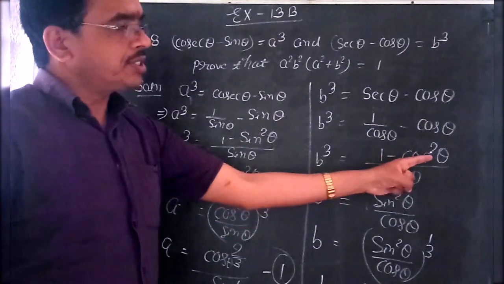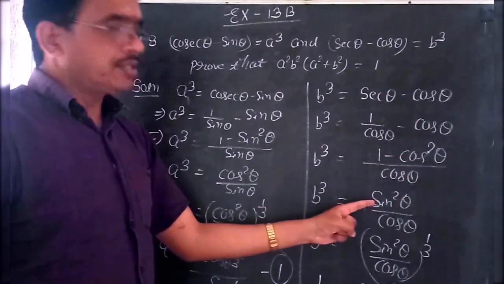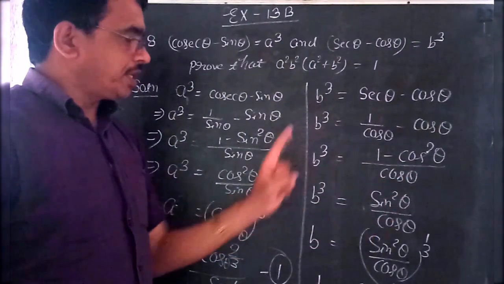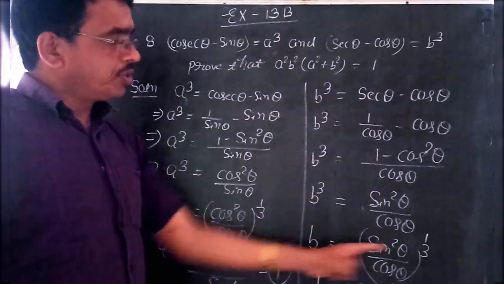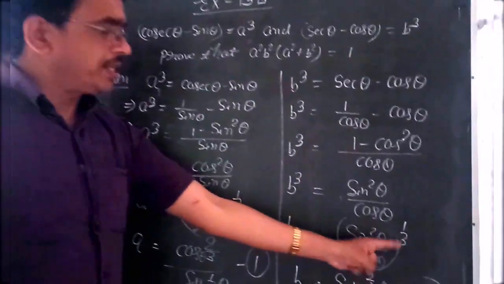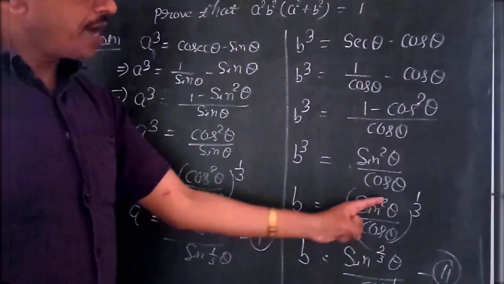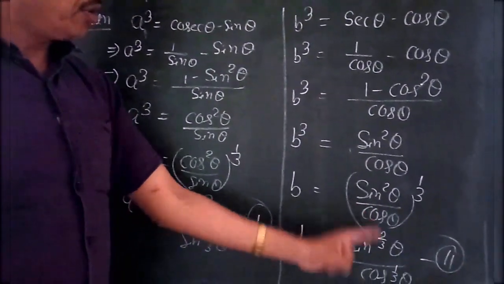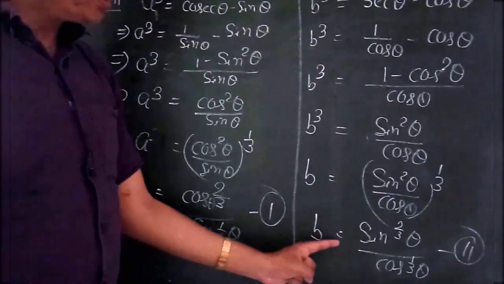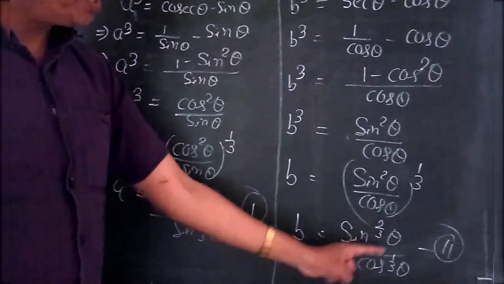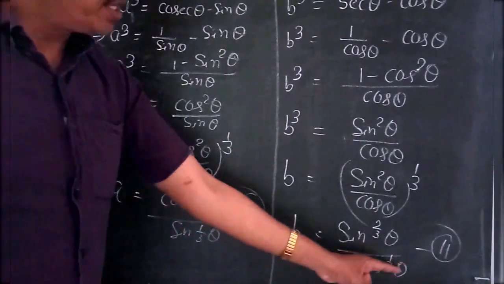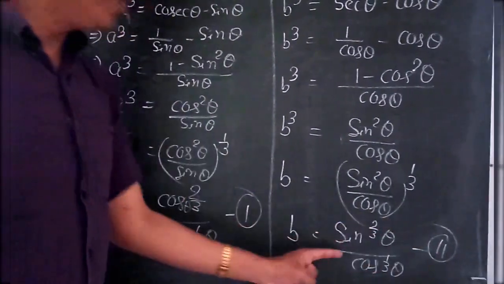So 1 minus cos square is sin square, and by cos theta. Similarly here b cubed, go to the other side, and that is 1 by 3. So sin 2 by 3 and cos 1 by 3. So b is equal to sin 2 by 3 theta by cos 1 by 3 theta. It is the second equation.